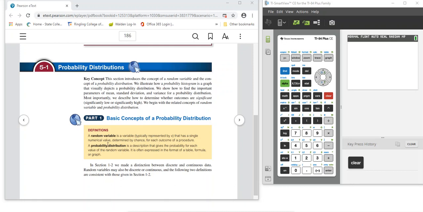Then it says a probability distribution is a description that gives the probability for each value of that function. It's often expressed as a table, a formula, or a graph. And this is really just an algebraic idea.